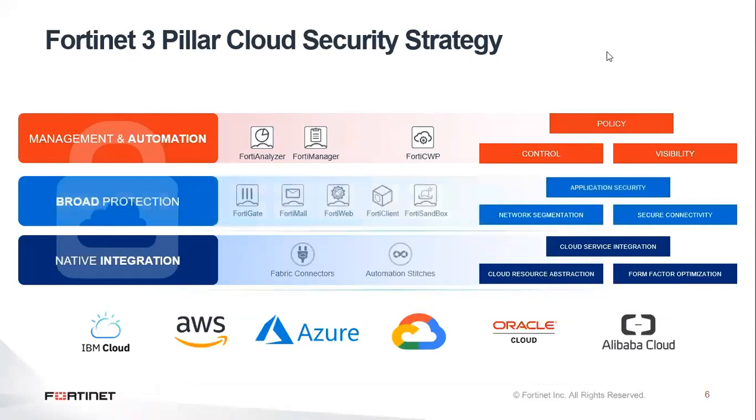And lastly, broad protection. Multiple products are available on the various cloud platforms, providing a VM version of the different products. This allows for deeper application security, network segmentation, and fast, reliable, and secure connectivity. Fortinet offers most security products on most cloud providers, from NGFW, WAF, mail security, sandbox, and many more.